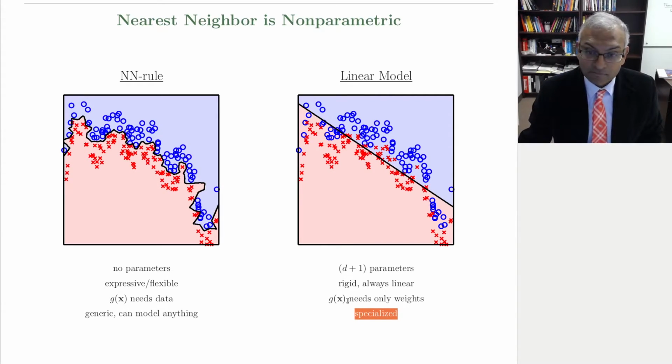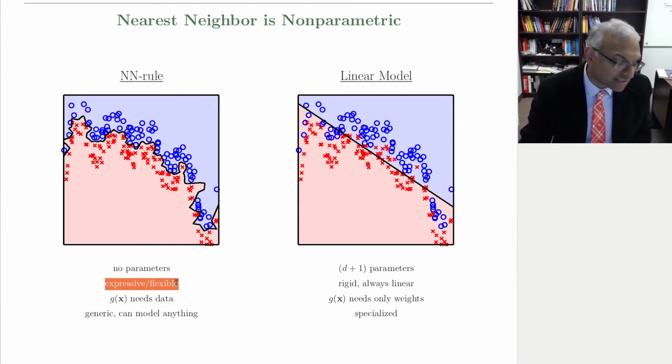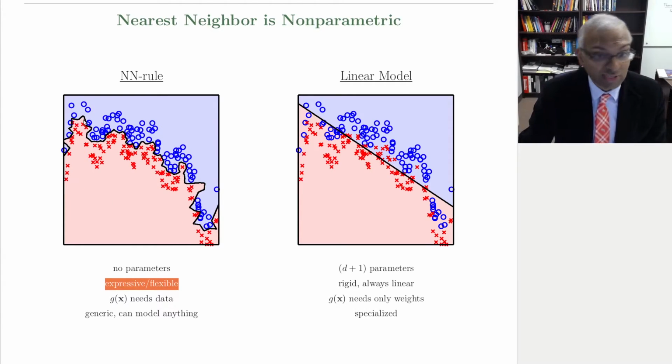Now let's compare that with the non-parametric nearest neighbor rule. Unlike being rigid and always linear like the linear model, the nearest neighbor rule bends and flexes to wherever the data is. So you see, as I've gotten all this data here that's looking very complicated, the nearest neighbor rule separation boundary wiggles and jiggles around the data and gets something that looks interesting, and maybe looks plausibly correct because we have a lot of data.